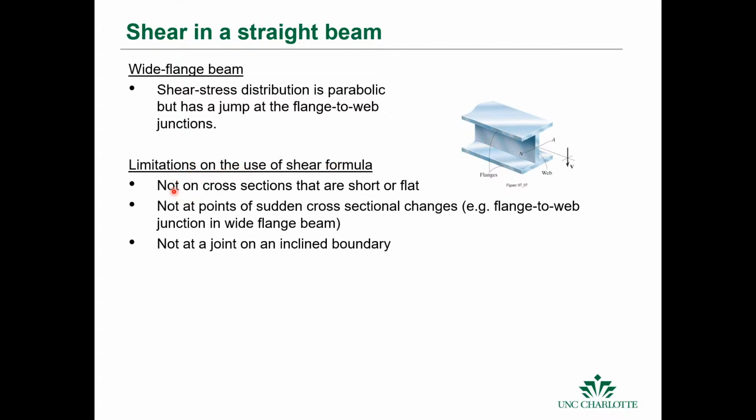The shear formula is not to be used on cross sections that are short or flat. It's not to be used at points of sudden cross-sectional changes, for example, flange to web junction in a wide flange beam. And it's not at a joint on an inclined boundary.